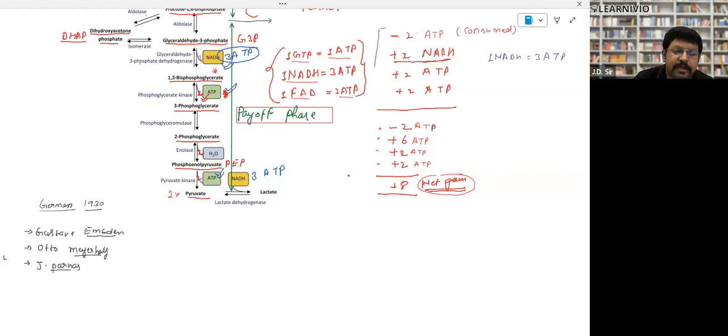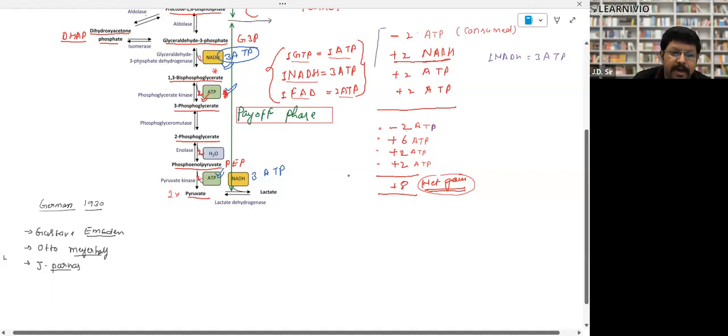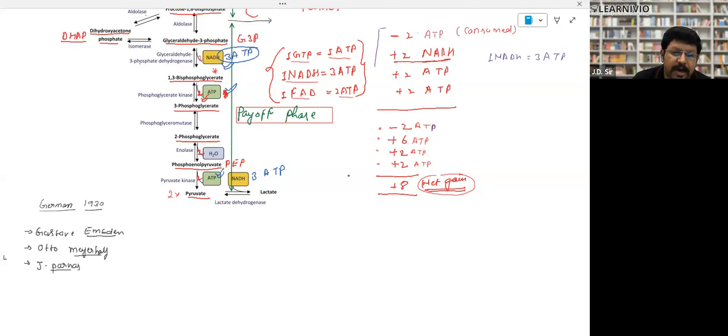It occurs in cytoplasm. Next point. Glycolysis has two phases: preparatory and payoff phases. Full stop.